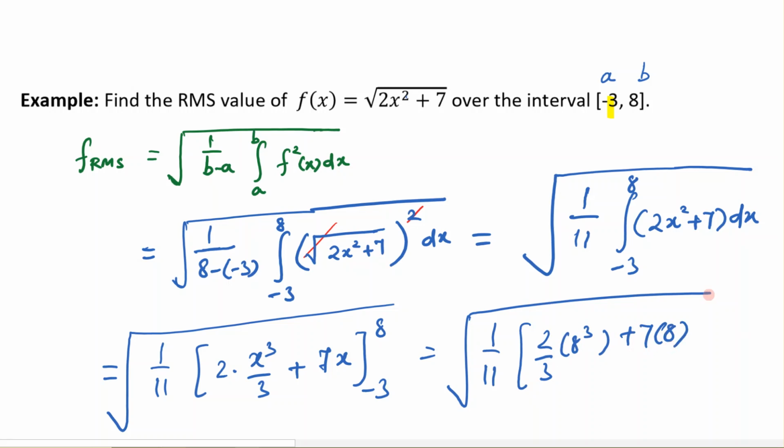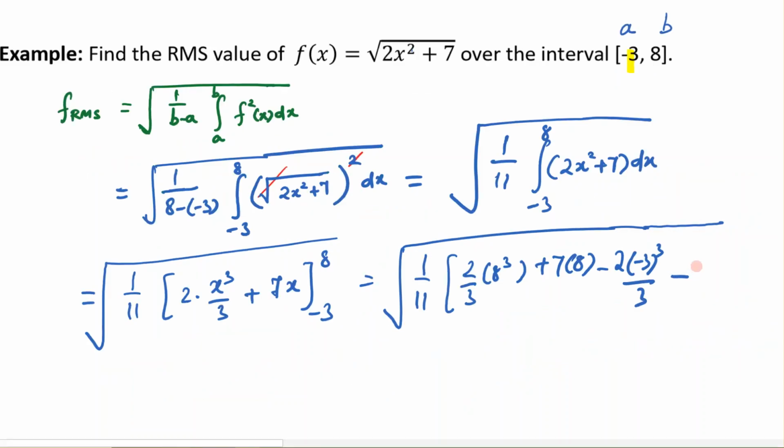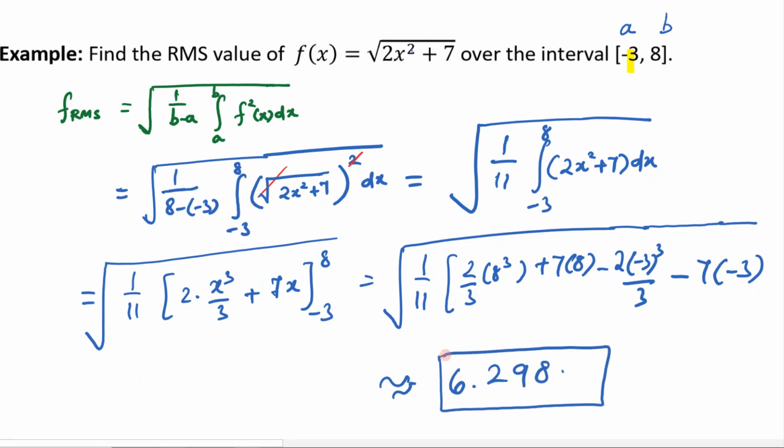We put the upper limit minus the lower limit, so minus 2 times -3 cubed over 3, and minus 7 times -3. When we solve this and use our calculator, overall we get approximately 6.298. So this is the root mean square value of the given function over the interval -3 to 8.